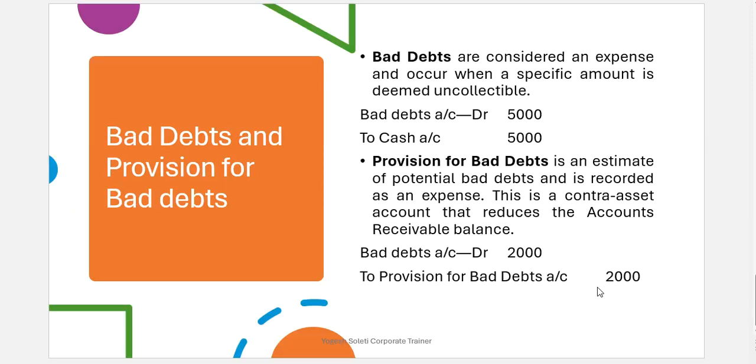Now let's move to the next. In the same, if you observe, bad debts and provision for bad debts. So what is this bad debts and provision for bad debts? An amount that may or may not be recoverable is called bad debts. So generally, if you make a sale of an item, let's assume a value of 15,070 rupees, that's the cost of the product we have sold.